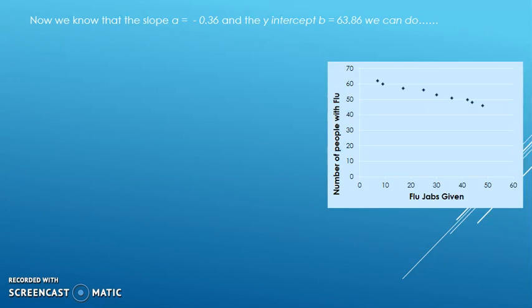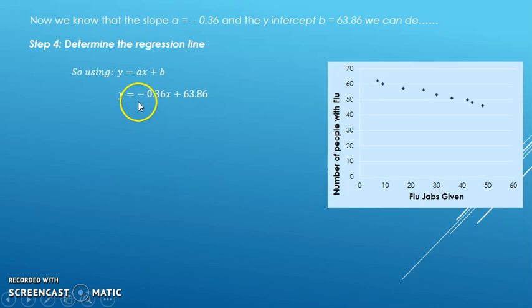So now we know the slope is minus 0.36 and the y-intercept, B, is 63.86. We can now do step 4, determine the regression line. So, using y equals ax plus b, we're going to substitute for a and b. So y equals minus 0.36x plus 63.86.